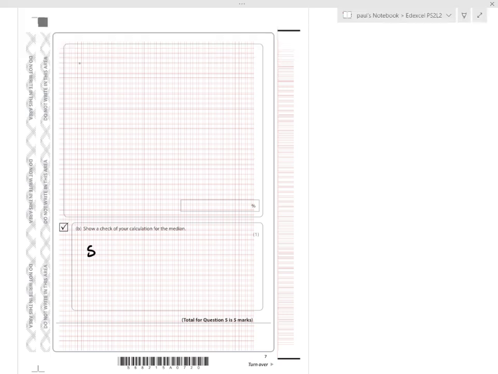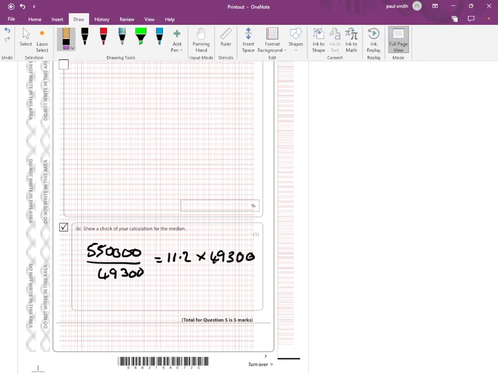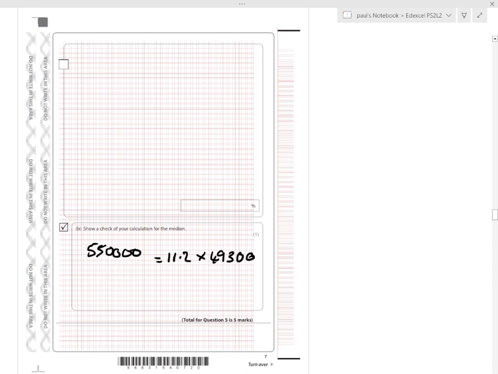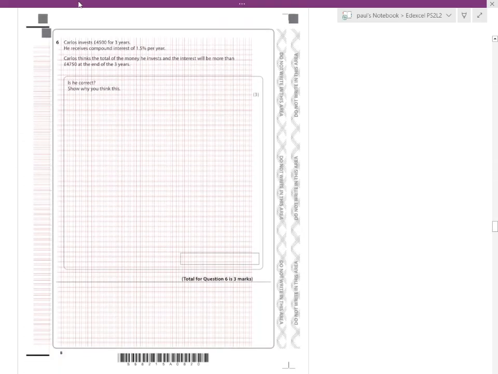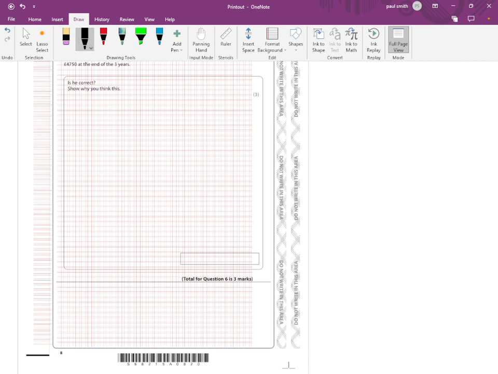We've basically got 550000 divided by 49300 equals 11.2. So let's do the check and just do that, 49300, and wipe out that bit at the bottom. Yeah, that would be a check, wouldn't it? Not much of a check, because I hate those things. I wouldn't bother with checks. Just make something up. Okay.